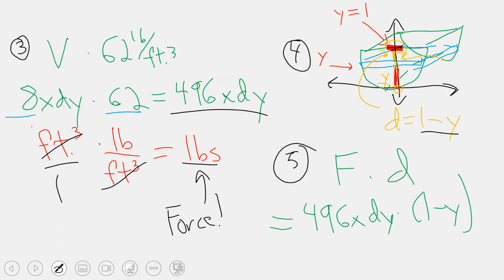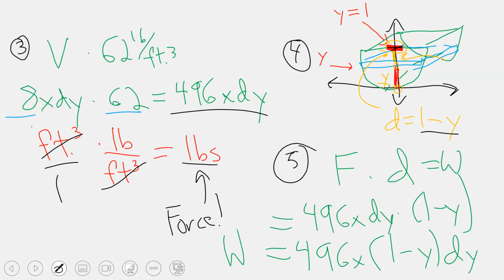Since there are a lot of variables and some parentheses there, we're not going to simplify this much right now. We'll just move things around, so we're going to write this as 496x times 1 minus y dy. And that represents the amount of work that needs to be done for that layer.